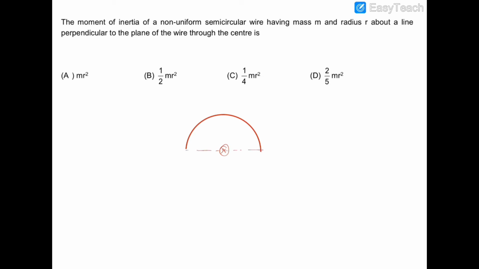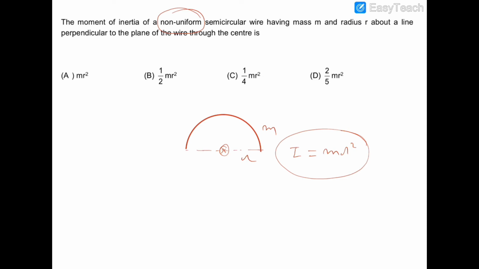This wire is of non-uniform density, but we know that its total mass is M and its radius is R. So we can directly say that the moment of inertia would be MR square, because the non-uniform density of this semicircular wire is distributed on its circumference, and thus each point of the circumference of this wire is at equal distance from the axis of rotation.